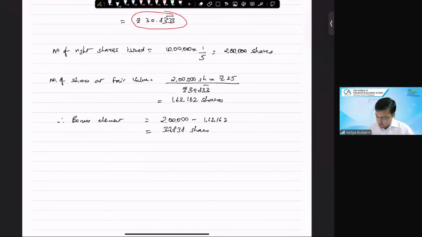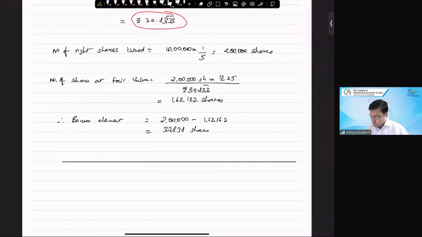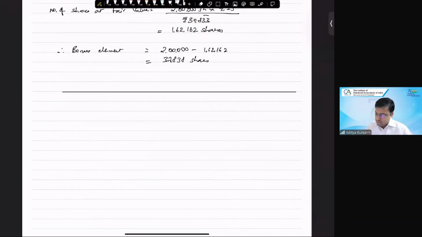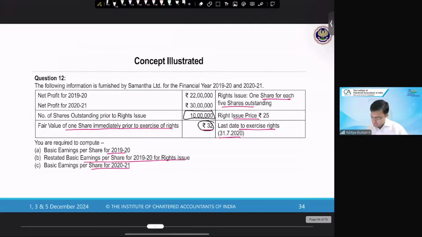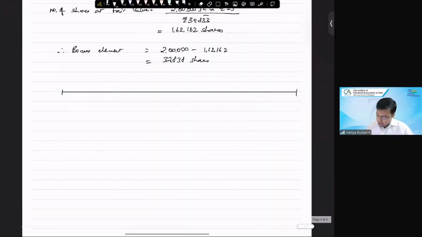Now it becomes an XYZ question. Sir, I did not understand any XYZ question, tell me what you want to explain, right? So let us try to understand. 31st July 2020.